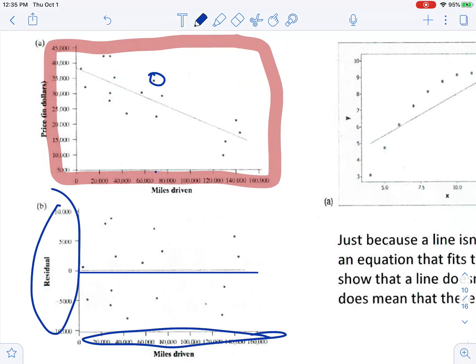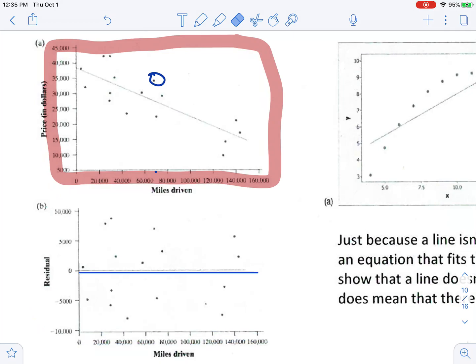So this still references price, but it doesn't actually include the actual price. It's more the residual price value, okay? So if you connected the dots, you could see this one is really close to the line, it has barely any residual. Whereas one that's a lot further has its residual shown there.